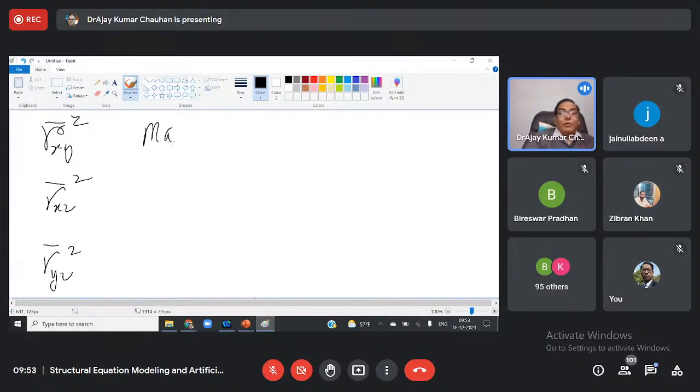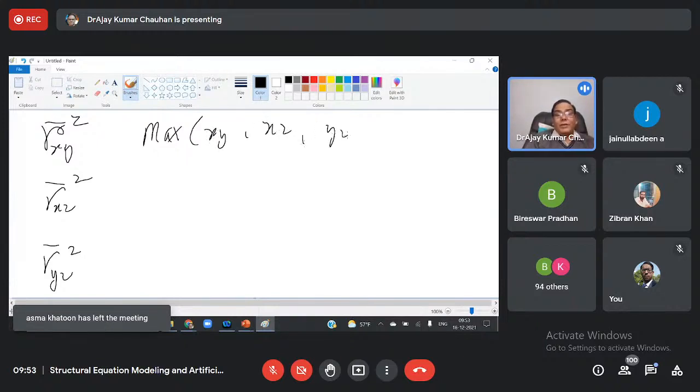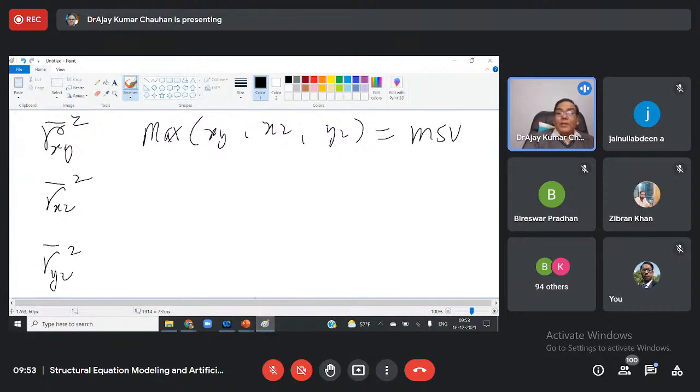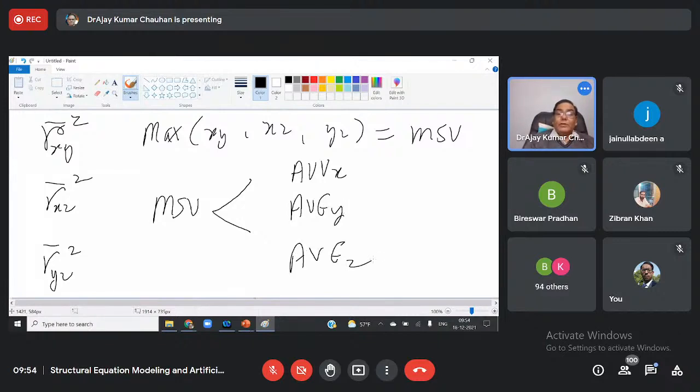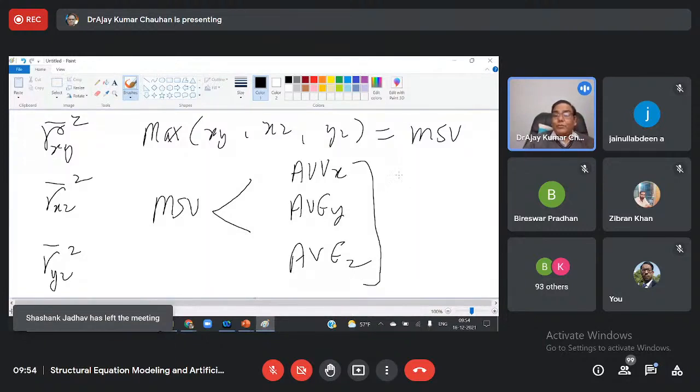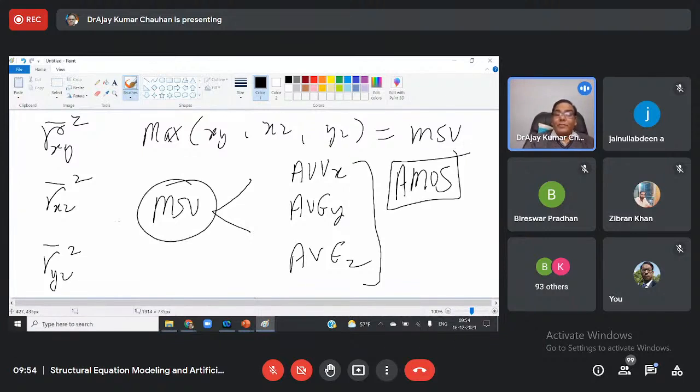The maximum value of all the three, XY, XZ and YZ, is known as MSV, and we want that MSV should be less than AVE of X, AVE of Y, and AVE of Z. This condition is the condition which is used in AMOS software, and AMOS is comparing the maximum shared variance with the average shared variance, and if the condition is satisfied, then we call it the presence of discriminant validity.